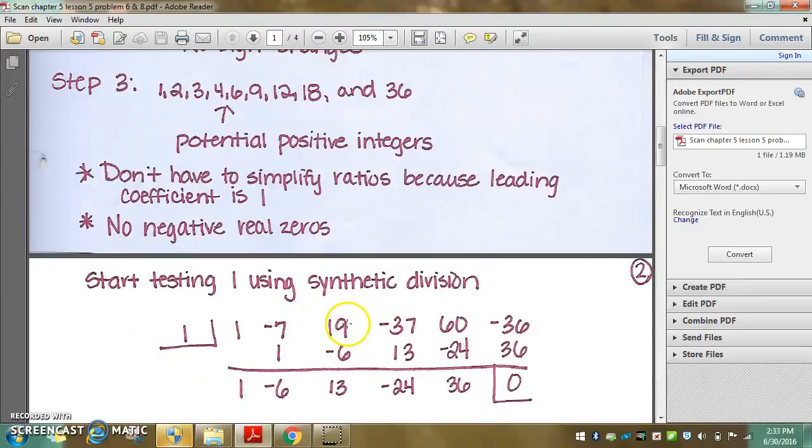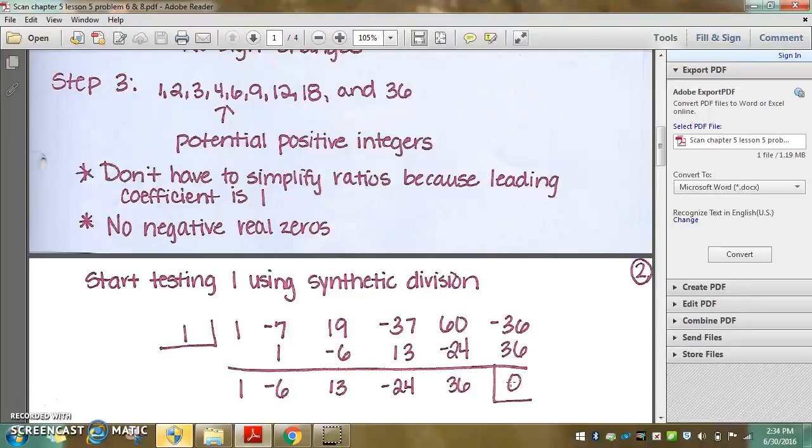Add these, 19 minus 6, 13. 13 times 1 over here is 13. We're going to add these, negative 24. 1 times negative 24, negative 24. Add these, 36. 1 times 36, 36, negative 36 plus 36, 0.